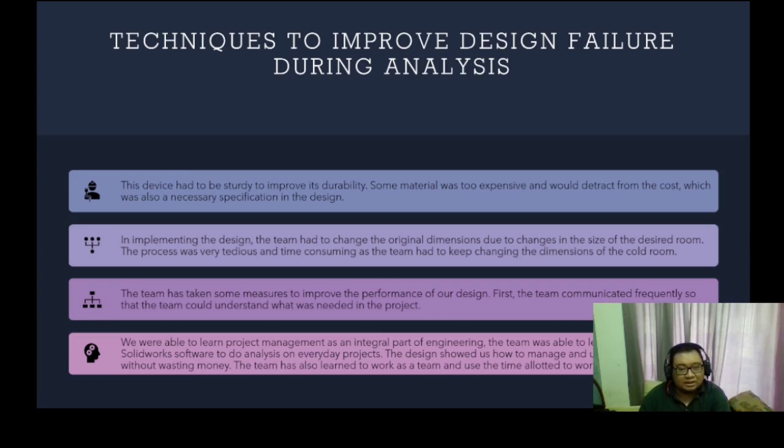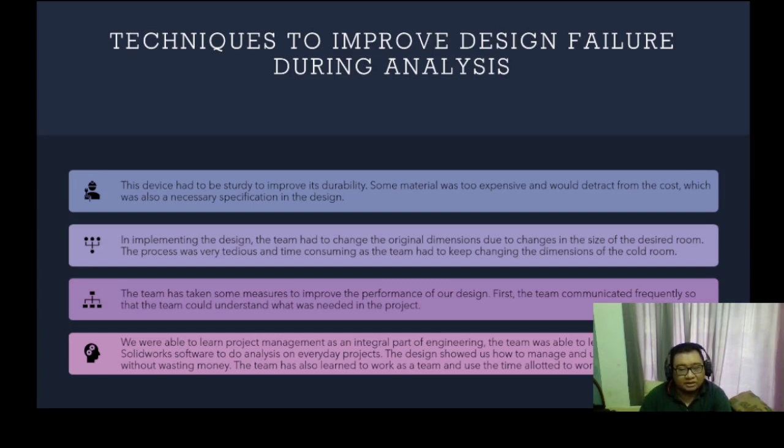The team has taken some measures to improve the performance of our design. First, we communicate frequently so that the team would understand what was needed in the project. We were able to learn project management as an integral part of engineering.